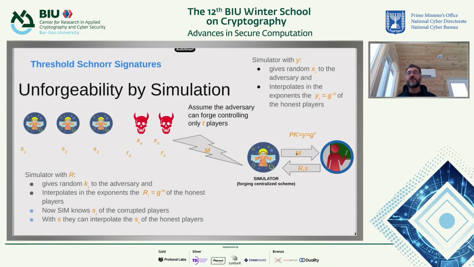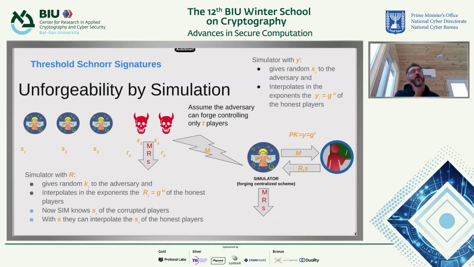And for every message, it was able to obtain the same signature from the network that it received from the challenger. By the way, once the simulation ends, if the adversary forges, the simulator forges, like before. And so if we believe that Schnorr is unforgeable in the centralized sense, then this network shouldn't be forgeable either.